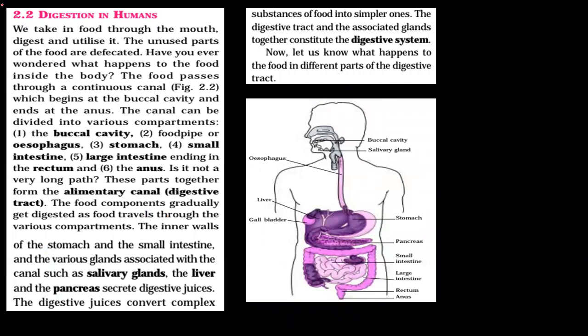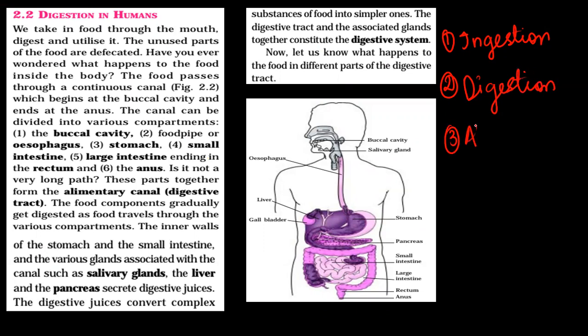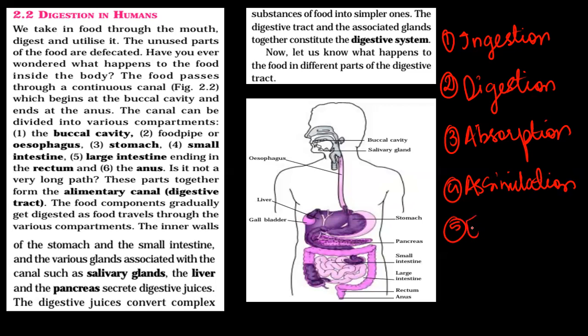Now let us start with digestion in humans, which is very interesting and also very, very important. Before we start, let me divide this entire process into 5 broad parts: ingestion, digestion, absorption, assimilation, and egestion.